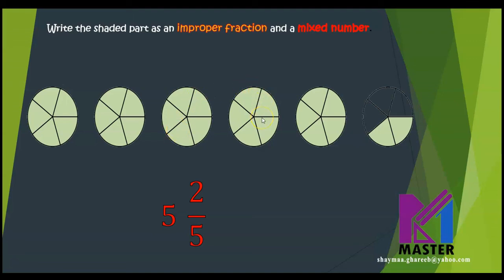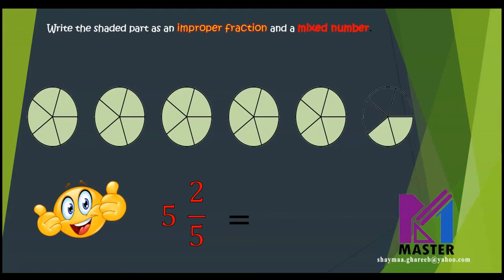I can keep counting by 5, so it will be 20, 25, 26, and 27. So I have 27 fifths shaded, which is 27/5.